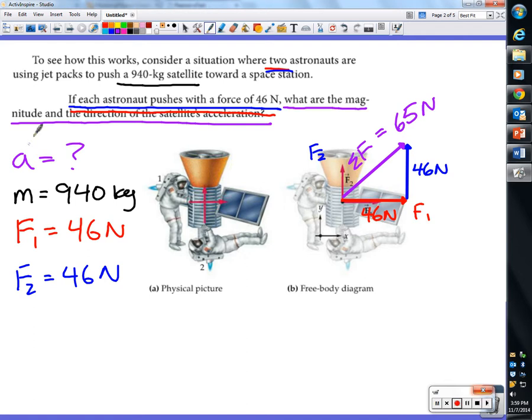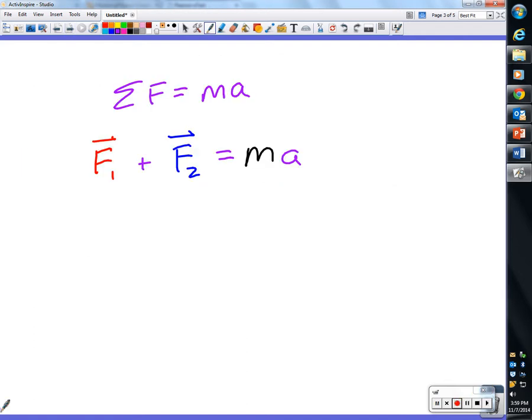So, going back to this arrangement, applying Newton's second law to this situation where we have two forces acting on an object, although they're not in the same direction, they're at right angles to one another, we just calculated that the resultant vector of these two force vectors is 65 newtons.